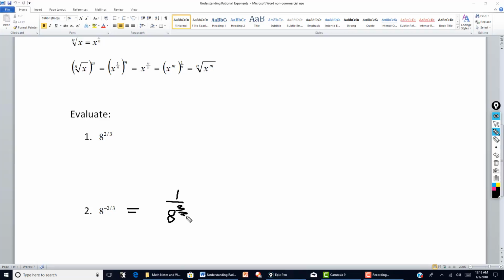And of course, we already worked that out. 8 to the 2/3 is 4, so this just becomes 1 over 4. That's all you're going to do if the exponent is negative. Make it positive using the ideas I went over earlier in the last video, and you can solve it.